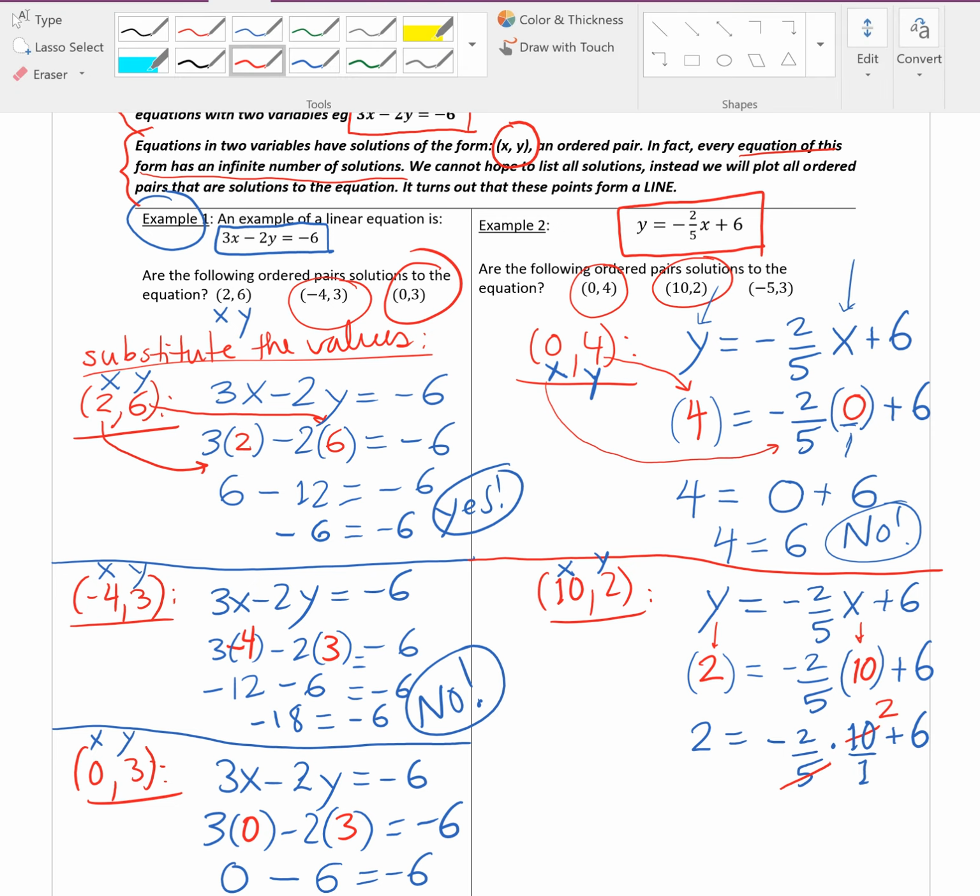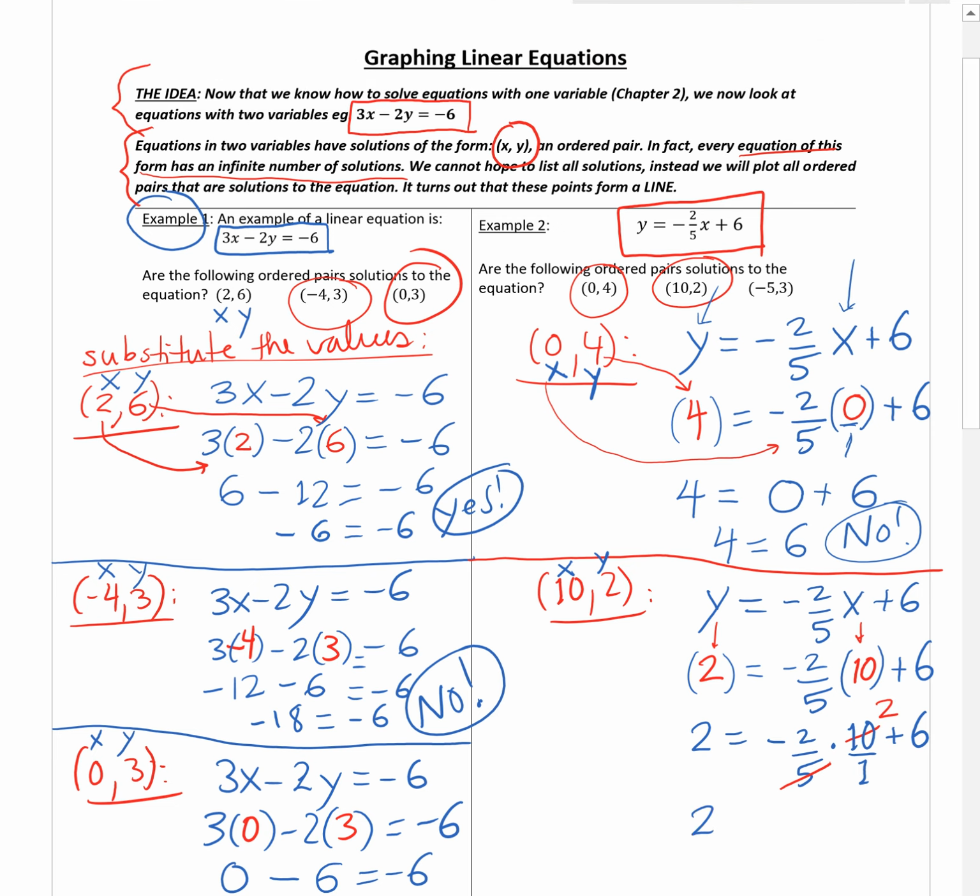So those two fractions multiplied together come down to -2 times 2, which is -4, and they're both over 1, so it's 1 times 1 on the bottom, which is 1. And that's 2 equals... -4 over 1, that's just -4, right? -4 plus 6 is 2. So that is true. That means (10, 2) is a solution to that equation.